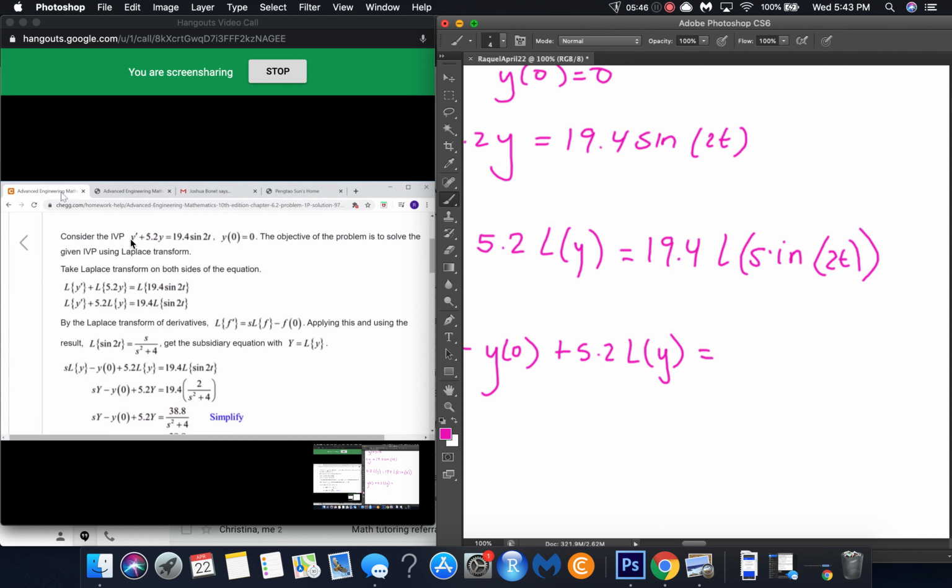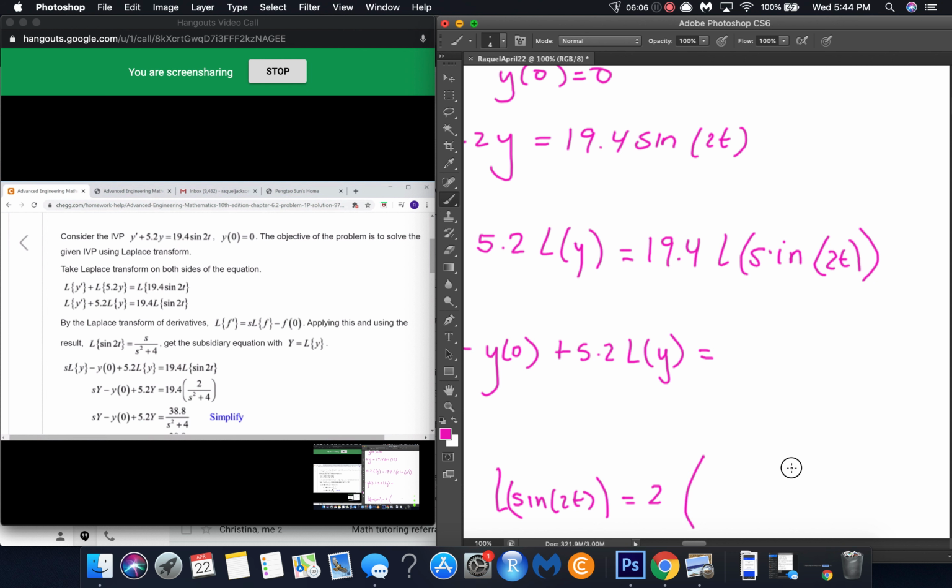And then notice how the Laplace transform of sine of 2t is going to be 2, because the 1 over omega is not here. You're going to put it over here.